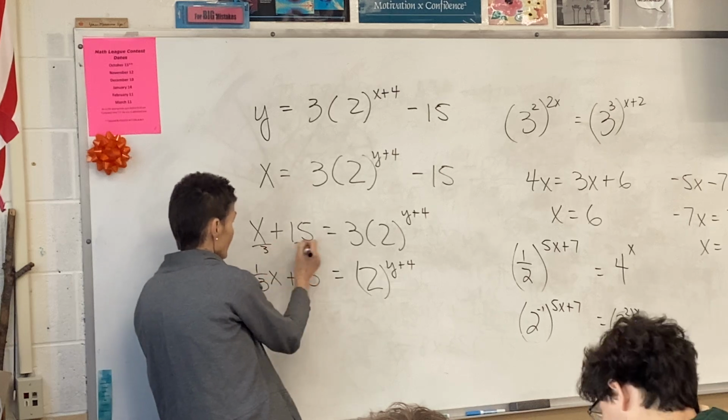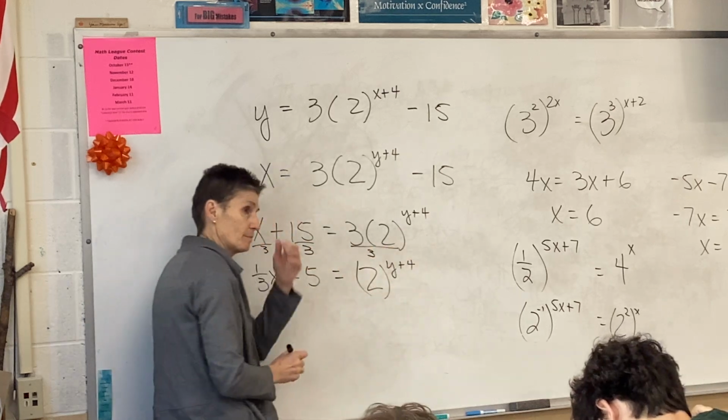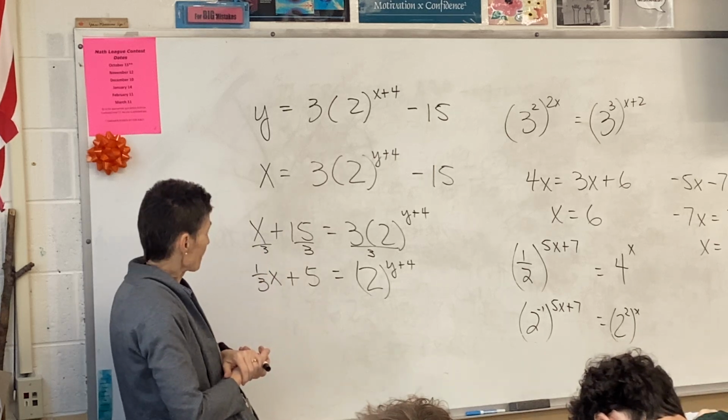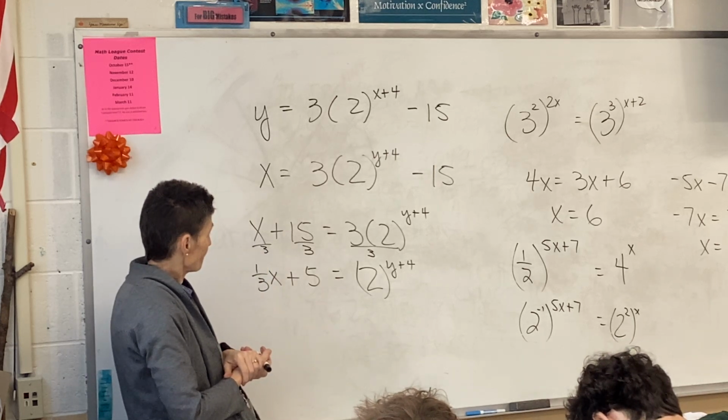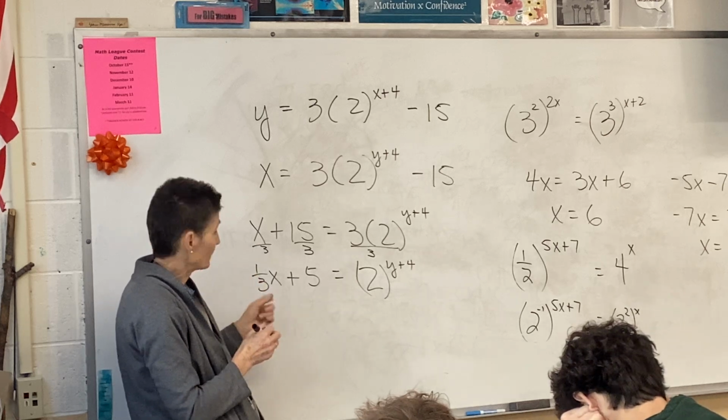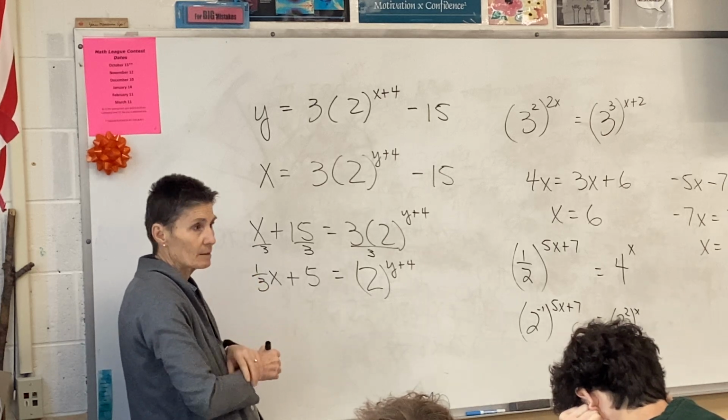Everybody okay with that? I'm trying to keep things as neat as I can. You could, but I'm thinking about what's going to come next. I kind of like that, but it's the same thing.